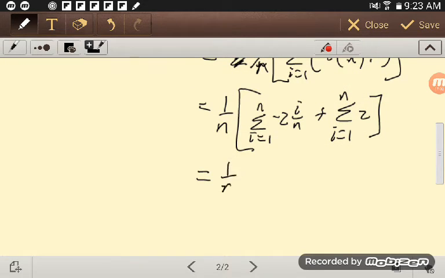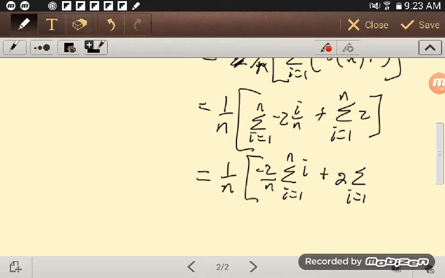Now negative 2 is a constant, n is a constant, so I get negative 2 over n times the sum i equals 1 to n of i, plus 2 times the sum i equals 1 to n of 1.